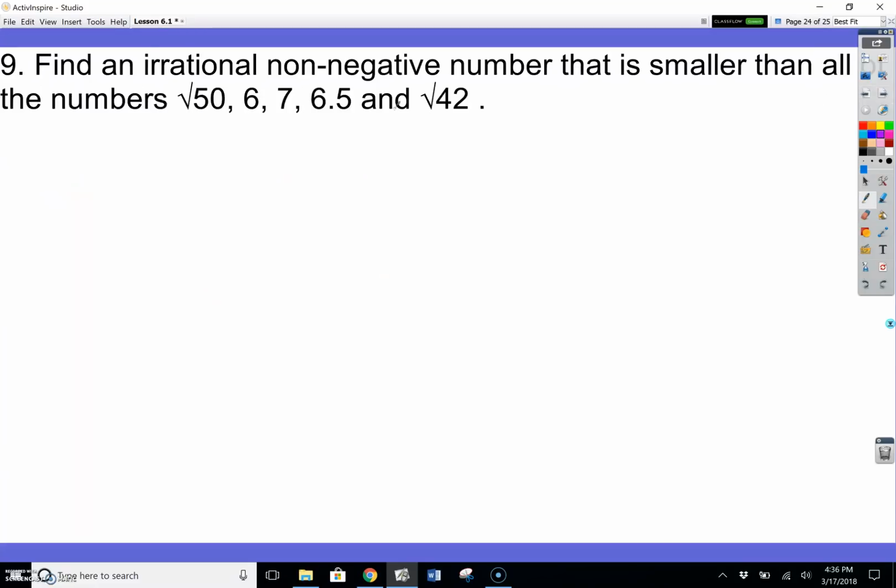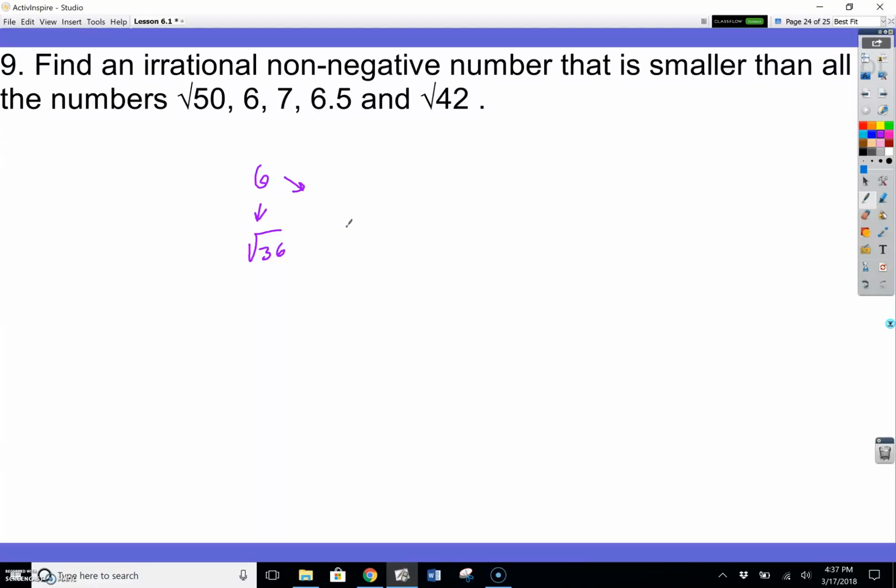So now it says find an irrational number that is not negative, that is smaller than all these numbers. So basically what you want to do is take the square root of a number that is smaller than 6. That correlates with the square root of 36. So all I need to do is write a number that I can take the square root of that is not a perfect square.